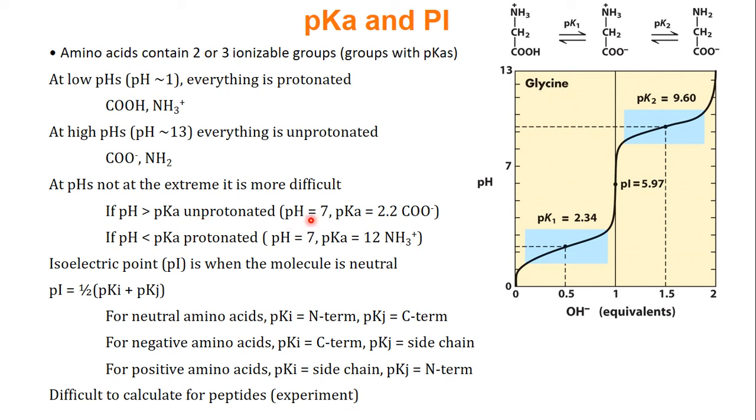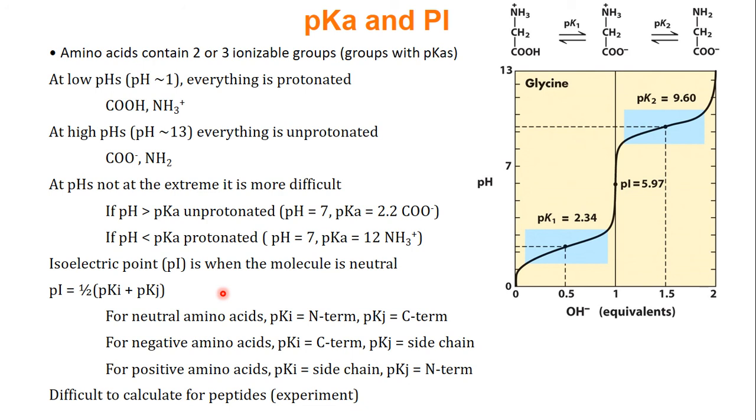So for example, if we're at a pH of 7 and the pKa of our C terminus is 2.2, it is unprotonated and negatively charged. While if your pH is lower than your pKa, your group is protonated. So the pKa of our N terminus is roughly 12. At neutral pH, we're below that, so we are protonated. And again, we'll do some practice of that in class.